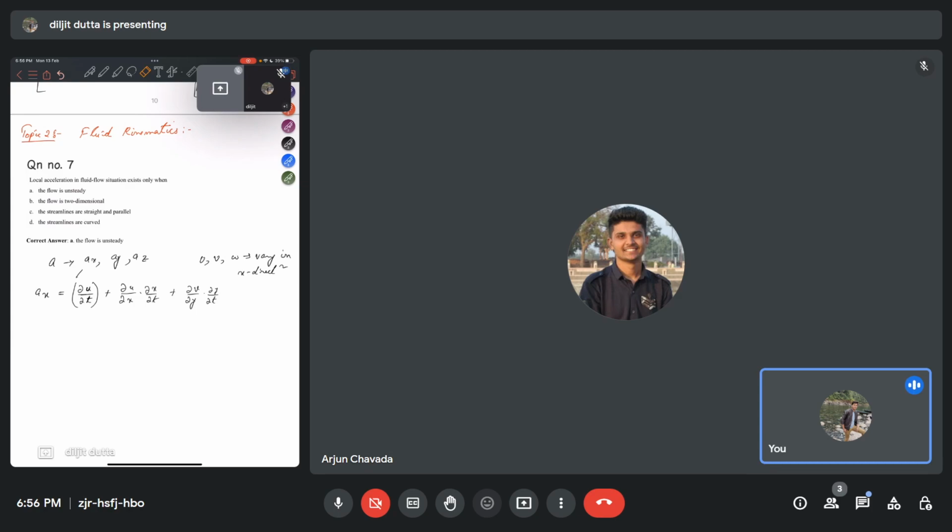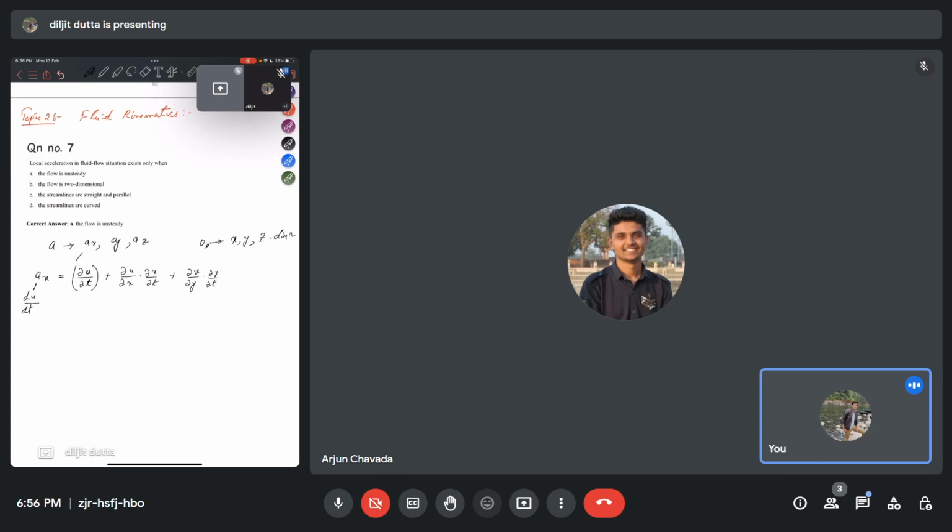Okay, so ax is given as du by dt, the rate of change of u. The u component can change in x, y, and z direction, and this gives rise to acceleration in x.